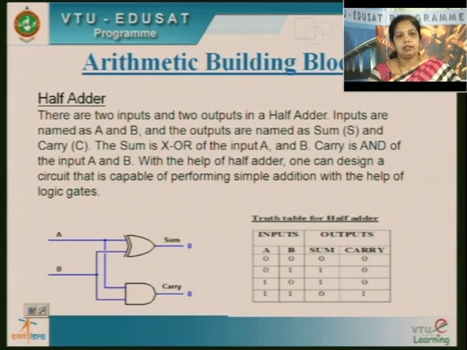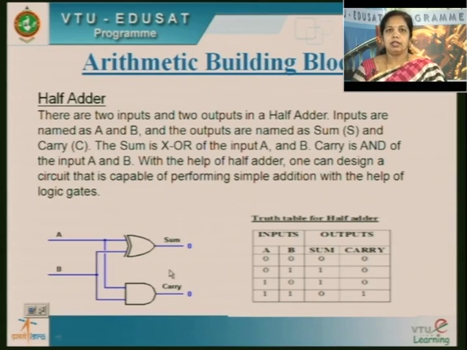So what is a half adder? It has 2 inputs and 2 outputs. Let us say the inputs are A and B, and the outputs are named sum and carry. So we are going to generate once again a truth table. By taking 2 inputs, I am going to generate 4 different combinations, and we have 2 outputs here.